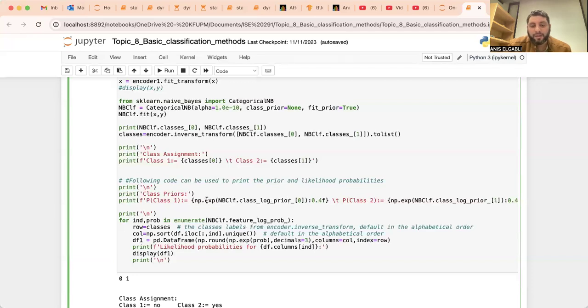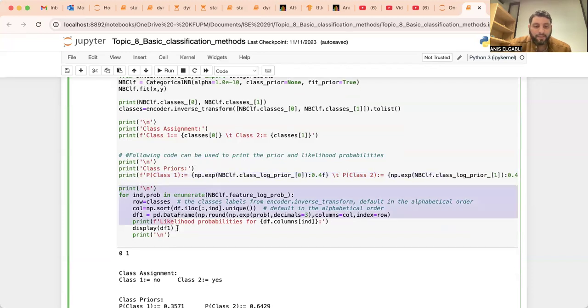Therefore, if you want to find the probability, we just need to take the exponential of that, right? If I have log x and I want x, I take e to the power of log x, e cancels with the log, and I get x. So here we are printing the probabilities, okay, of the 2 classes.